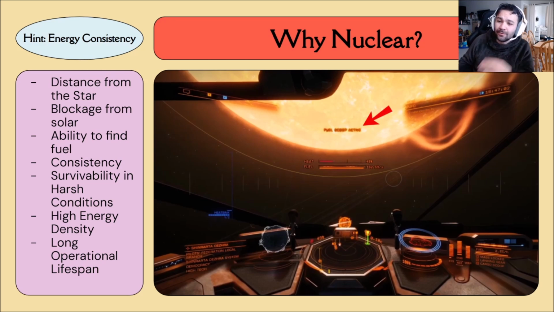So for fuel, we come down to this picture, and I've explained this picture many times, so I'm a little tired. What's happening here is that in this picture we're in a spaceship called a Python in this game, and we're going close to the star, and what we're doing is fuel scooping. We're launching our fuel scoop, and we are catching hydrogen from the star to refuel our fusion reactor.